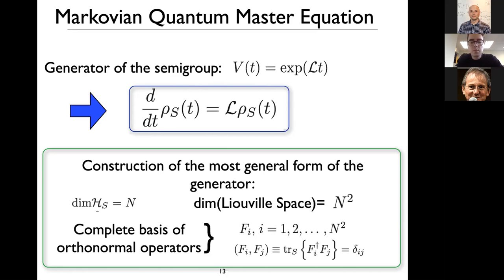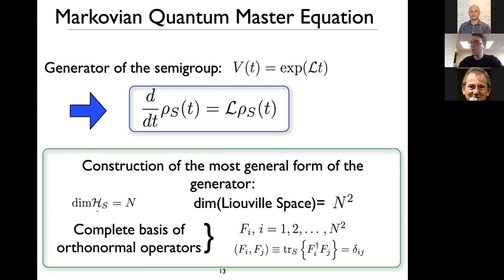You can then introduce an orthonormal basis of operators acting on the so-called Liouville space of your open system. The Liouville space is the set of bounded operators acting on our open system.